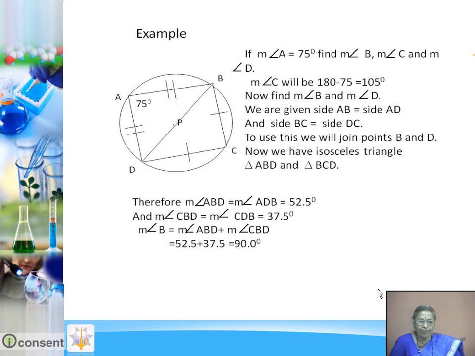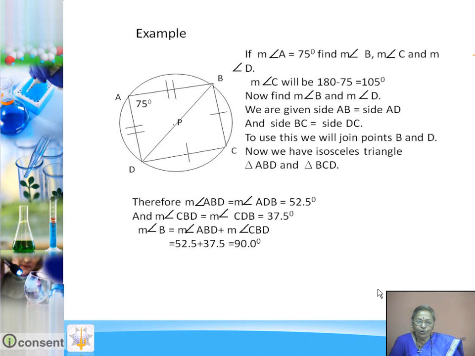In this diagram, AB is congruent to AD and BC is congruent to DC. We have to find out angle C, angle B and angle D. How will you do that? The construction is given in this diagram. Now can you think of solving this problem?